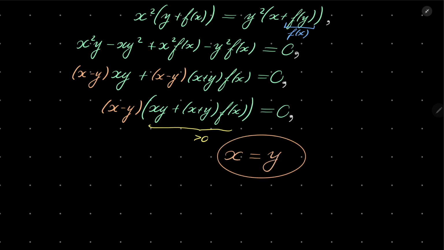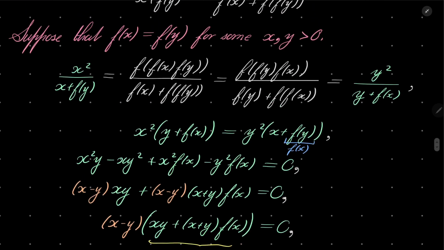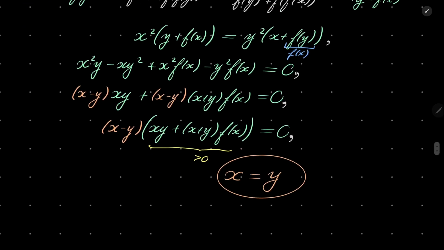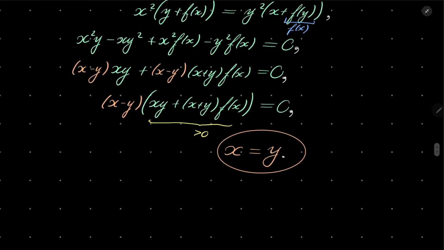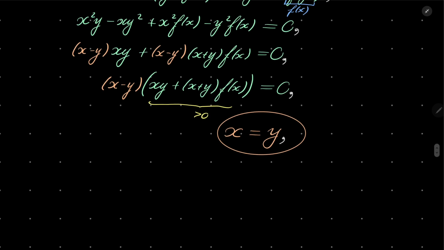So we have now demonstrated that if f(x) equals f(y), x must be equal to y, i.e., f must be injective. Very crucial. It's the most important part in this whole argument.